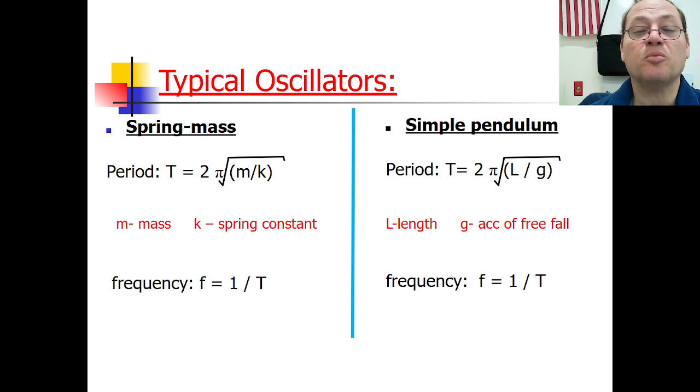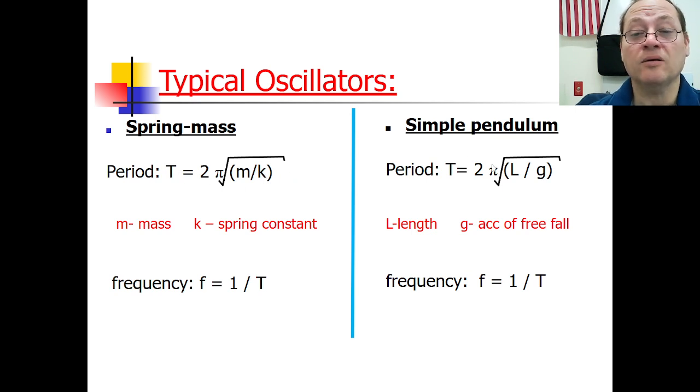Typical oscillators: spring mass system, simple pendulum. You can see the period is proportional to the mass and inversely proportional to the spring constant in a spring mass system. That means that if you increase the mass, you also increase the period, but if you increase the spring constant, then the period decreases.